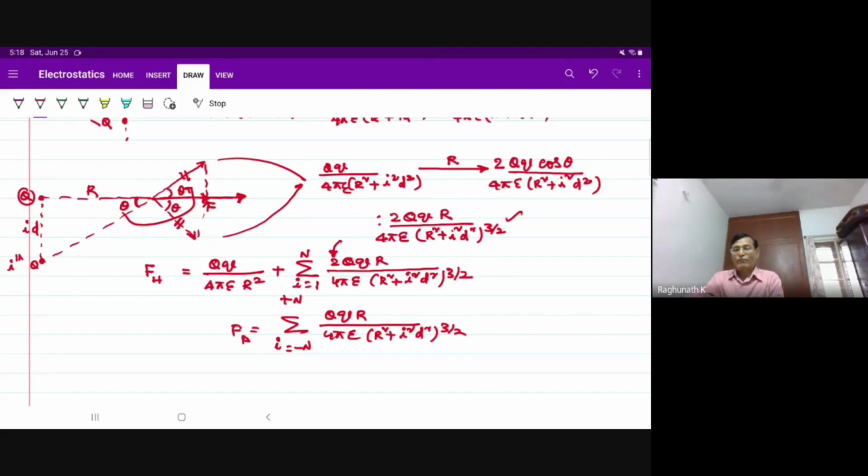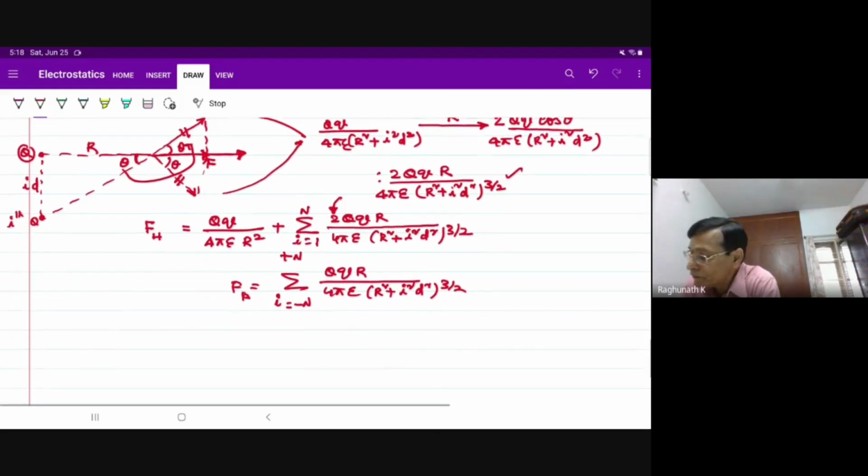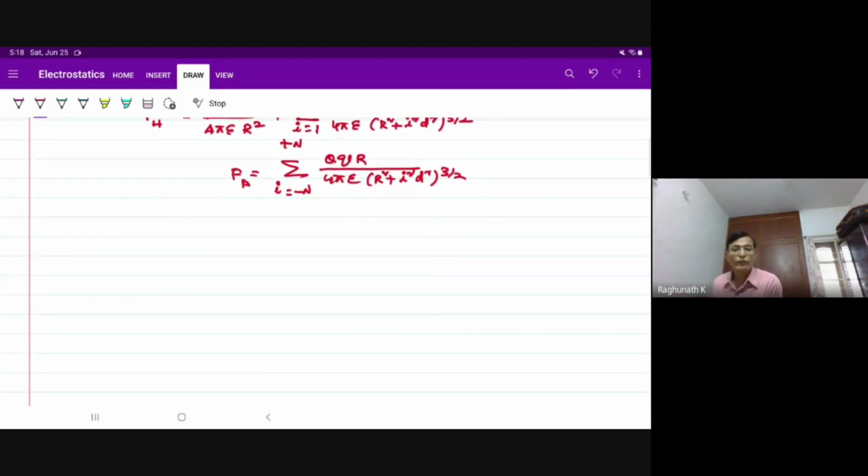Final. In this case of n sets of charges kept right around the central charge, this is central.